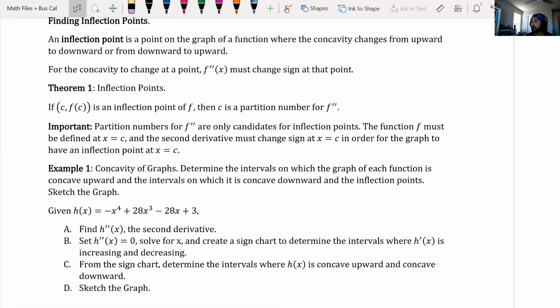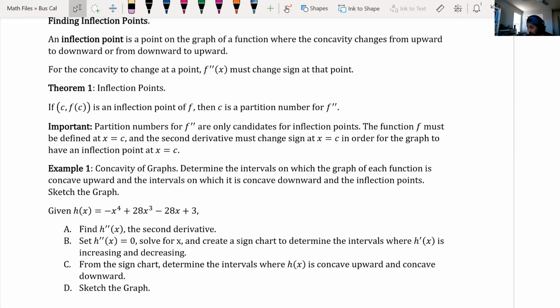Important to note, partition numbers for the second derivative are only candidates for inflection points. The function must be defined at the inflection point x equals c, and the second derivative must change sign at c in order for the graph to have an inflection point. So what all that means is that when we make the sign chart, if the signs change, then our inflection point is a candidate.